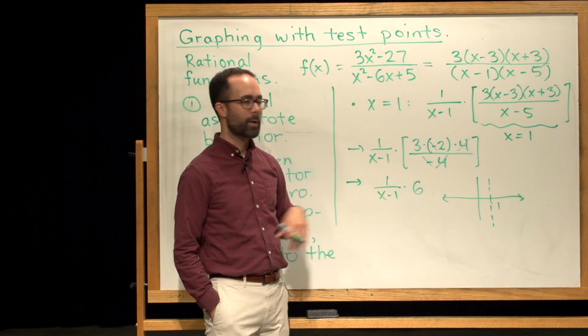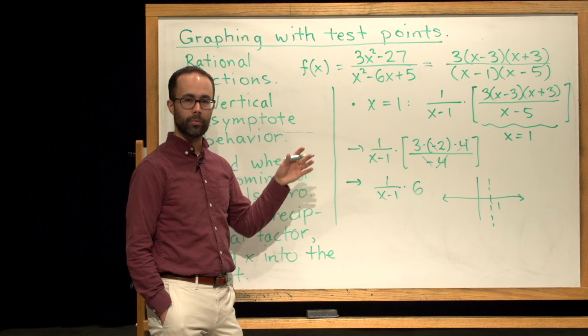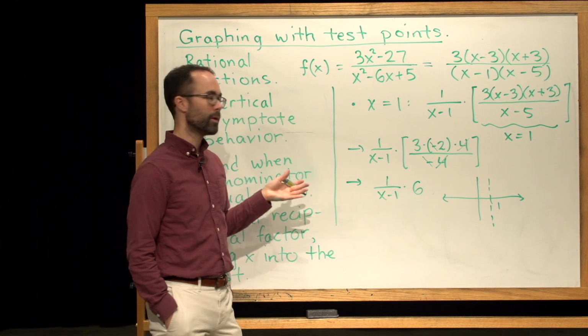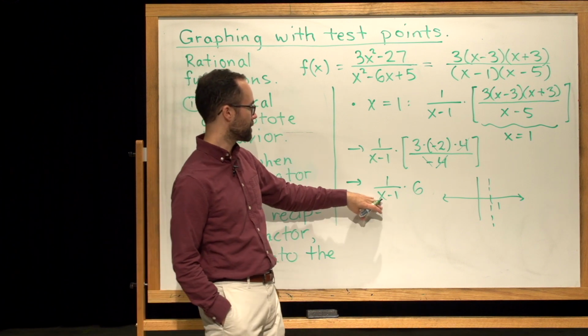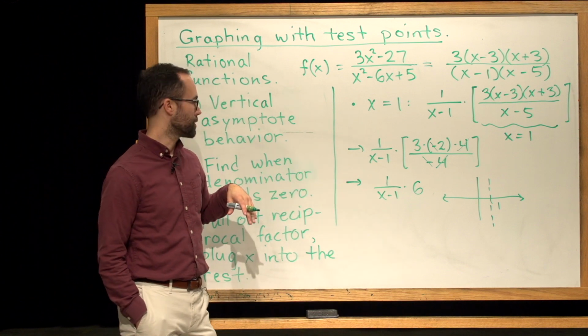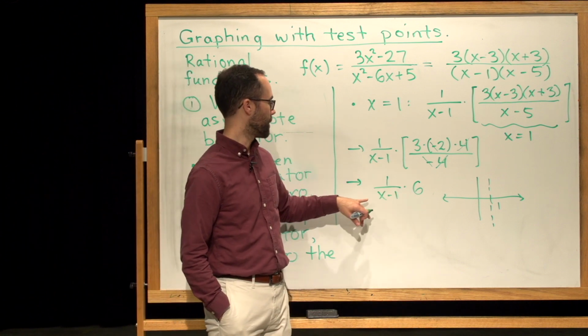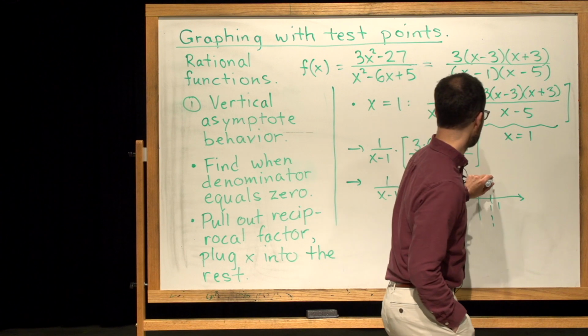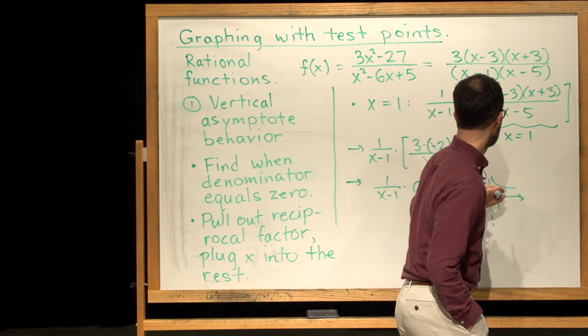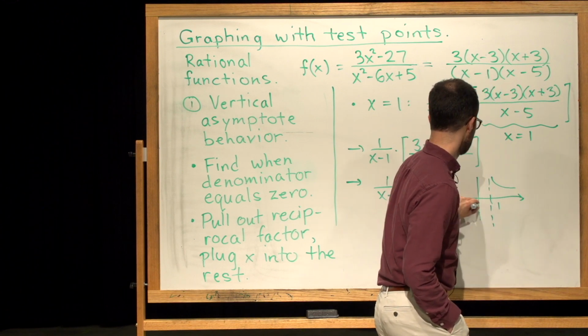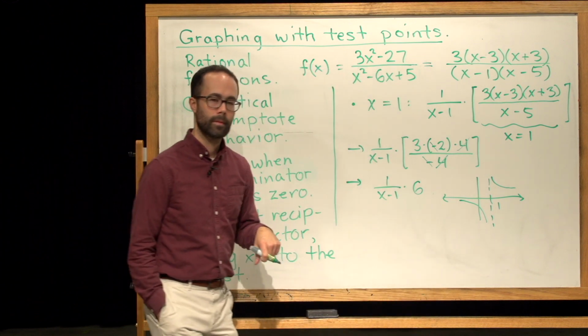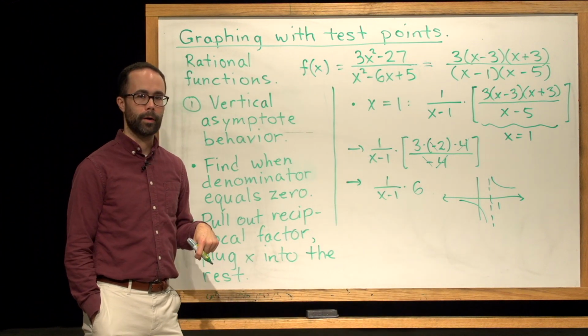And we multiplied by a positive number. It didn't change the orientation. It didn't flip it over the x-axis. So we know this looks really the same as a reciprocal function. It might be stretched out a bit, but we're looking at a function with two branches and a vertical asymptote at 1.